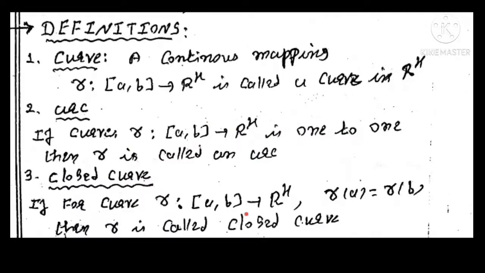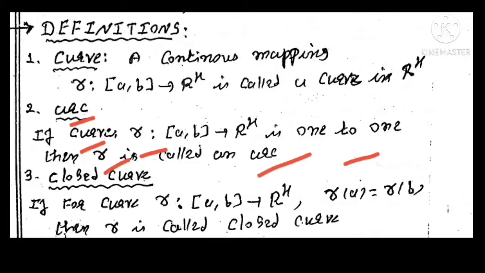Now the next definition, curve: a continuous mapping from the closed interval AB to R^k is called a curve in R^k. Now the next definition is arc: if a curve from the closed interval AB to R^k is one to one, then this is called an arc.